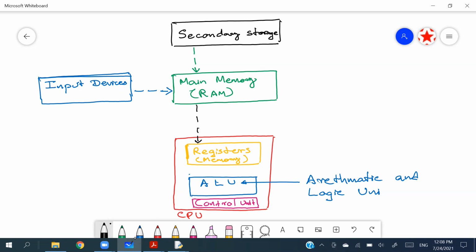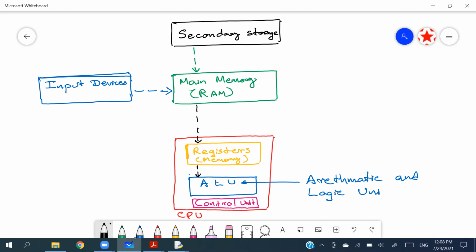Once it receives the instruction, it is given to the ALU, because the arithmetic and logic unit is the one which executes things. It can solve things arithmetically, or it can solve things logically. Those are the only things received by the computer, either arithmetical things or logical things. So the ALU does the execution, right?